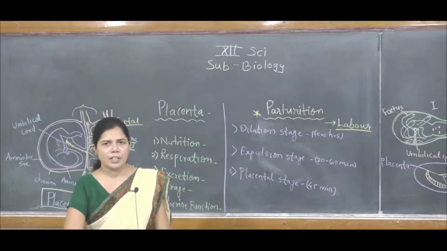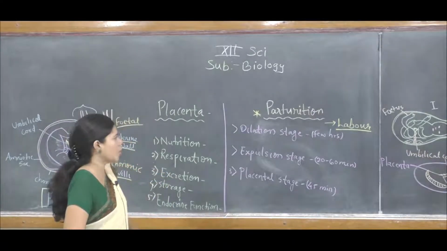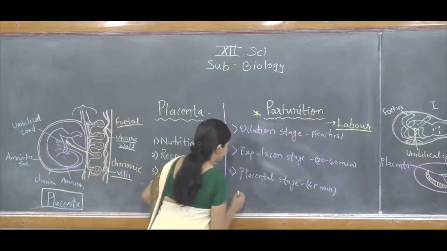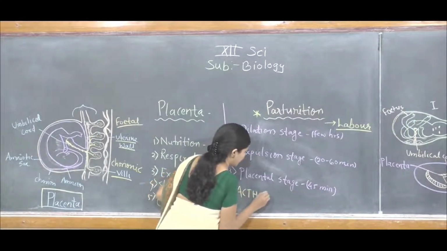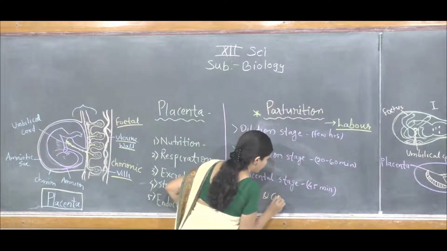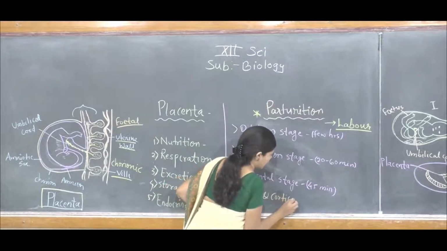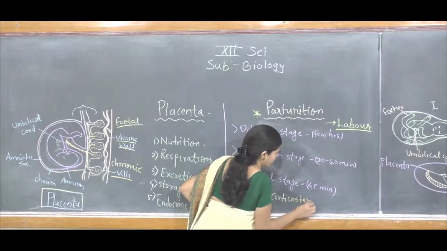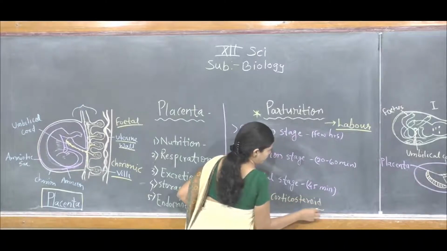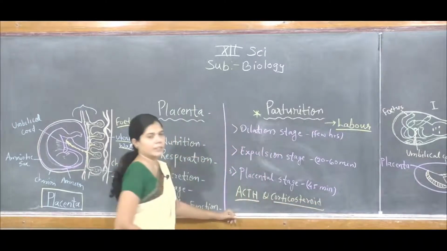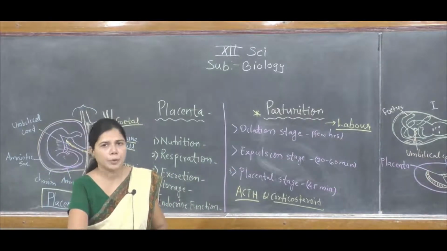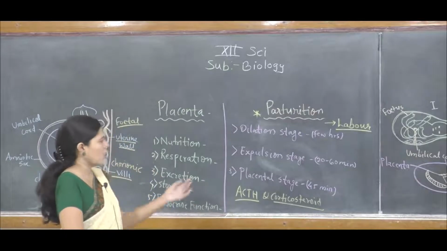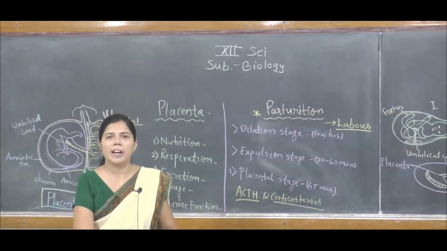The rise in ACTH, the adrenocorticotropic hormone, which is secreted by the pituitary gland, as well as the corticosteroid, which is secreted by the adrenal gland, causes this.